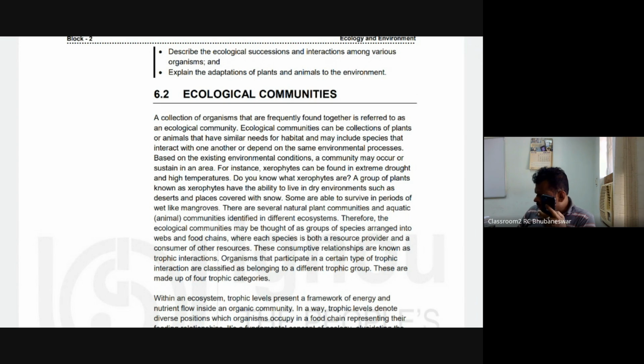The deciduous forest has homogeneous plant communities, and within the evergreen forest also you will see homogeneous communities. So those we can say are the ecological communities.